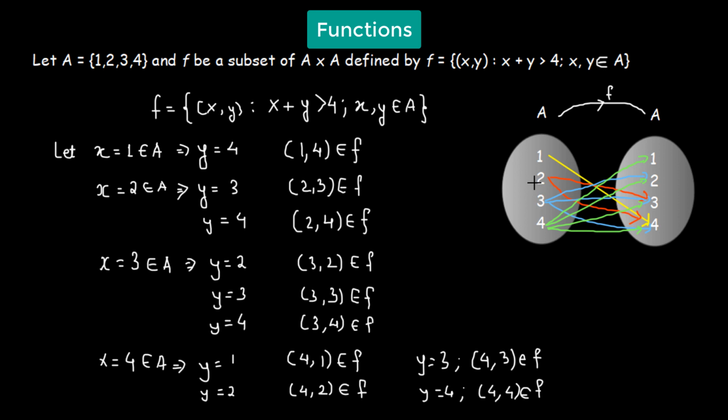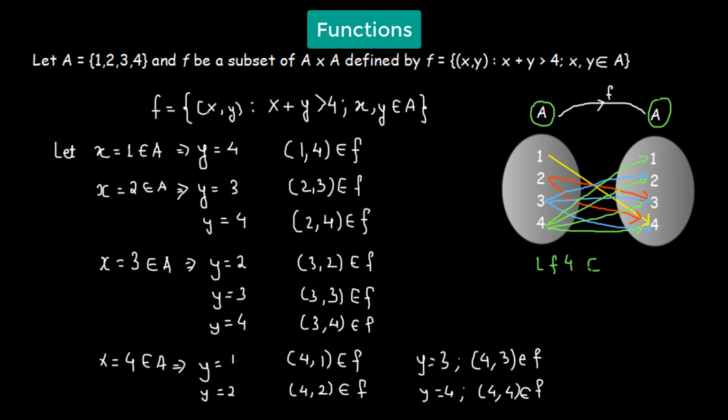Let's go to the second criterion. The second criterion states that each of the elements in our first set A must have a unique element in the second set A. So here, it's fine that 1 has a unique element in the second set A, which is 4.